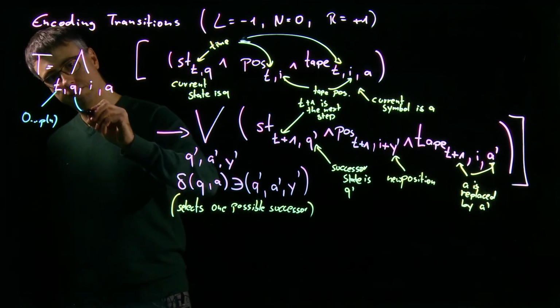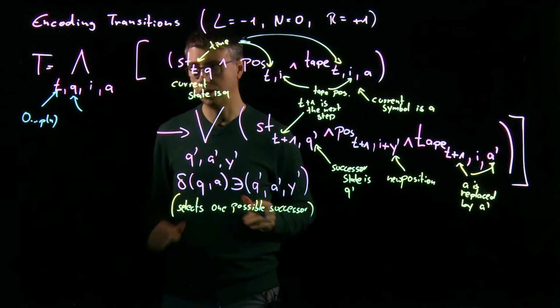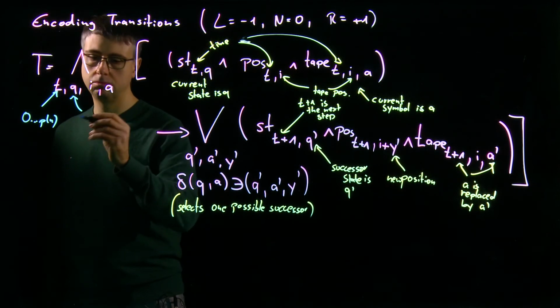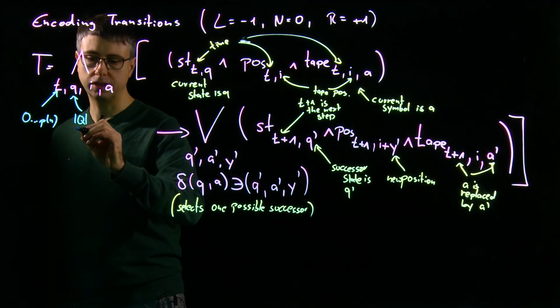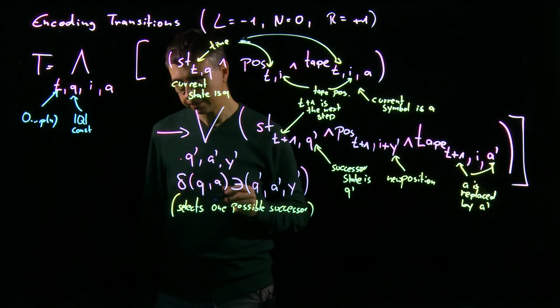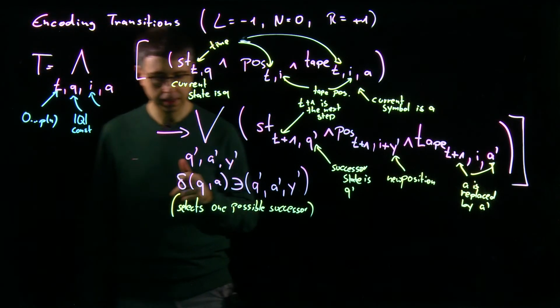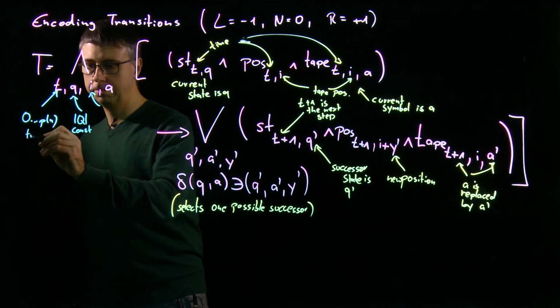This one here is a nested conjunction, so we consider all the pairs. This one here is a state. This depends somehow on the number of states, which is q, but this one is constant, so it doesn't matter. This one here is the position on the tape. This was time.